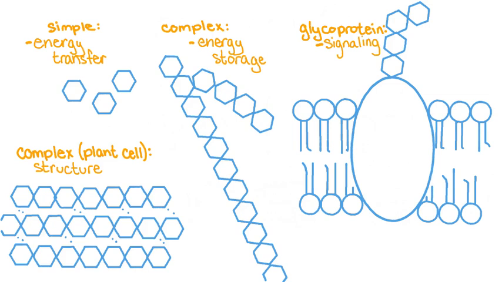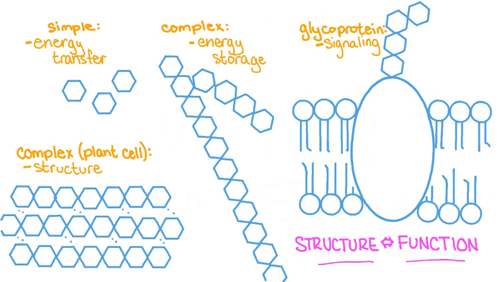In addition to these roles, in plant cells, carbohydrates are also responsible for providing rigidity and structure to the cell wall. In biology, we know that structure is always directly related to function, so different types of carbohydrates that are made of different parts in different arrangements have different properties.